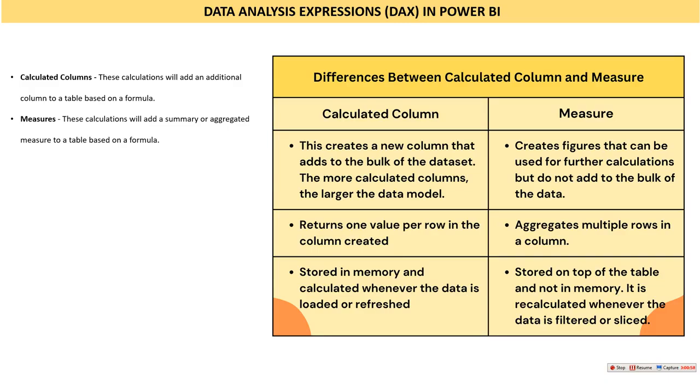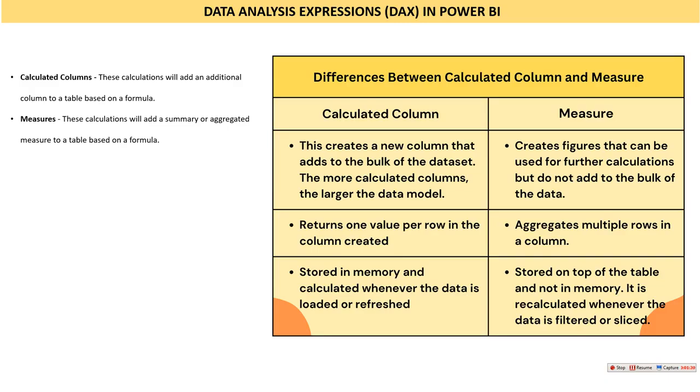this video. A calculated column simply expands a table by creating a new column. When you write a formula to create a calculated column, your output is a new column. A measure simply summarizes data in a single value.